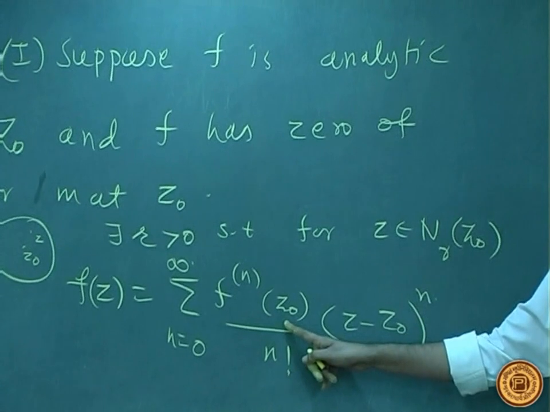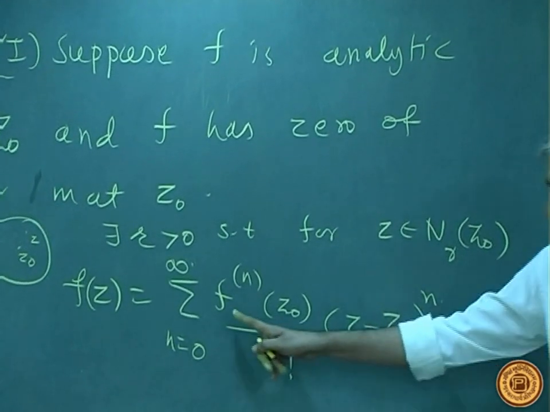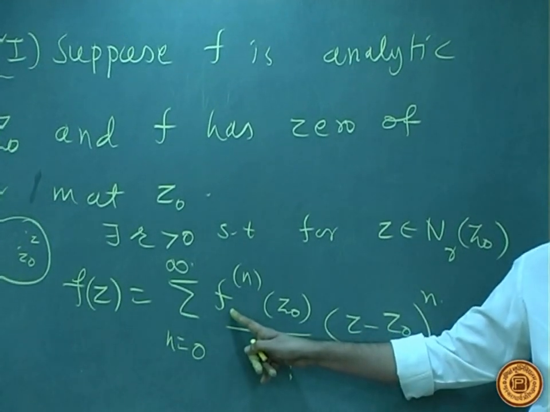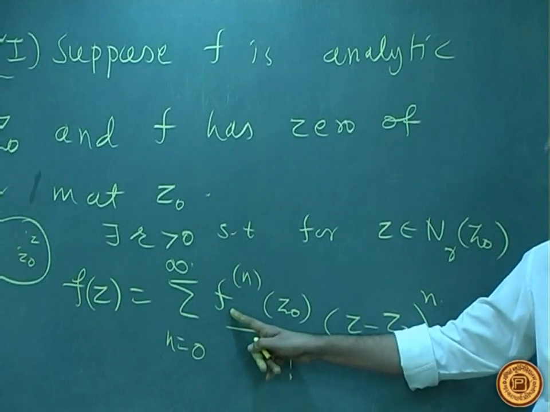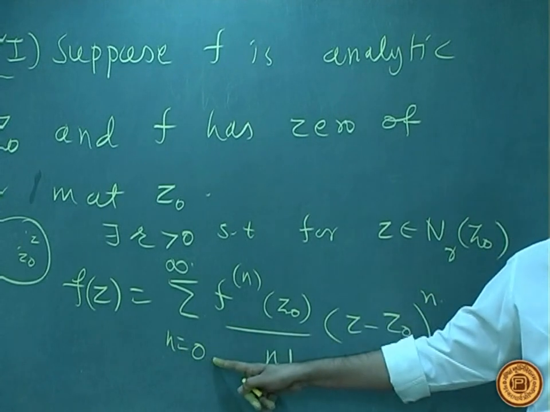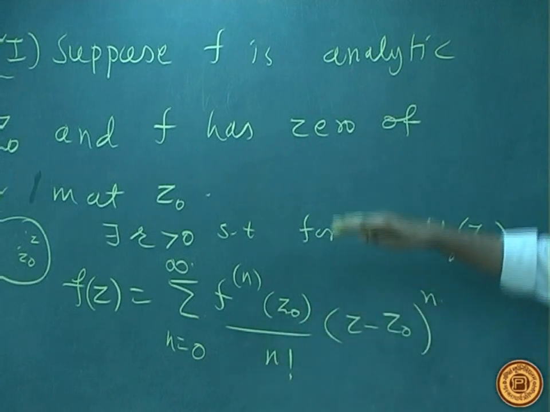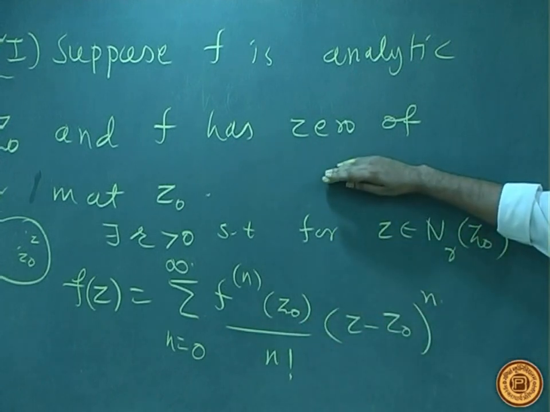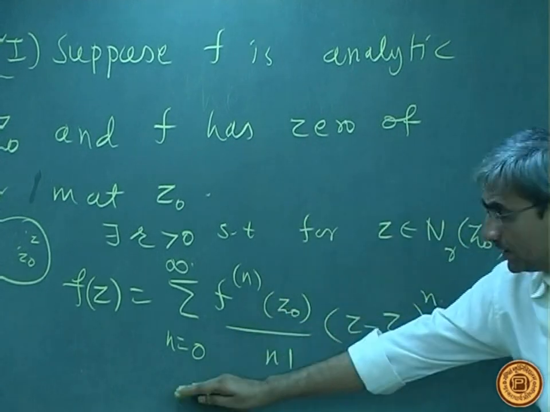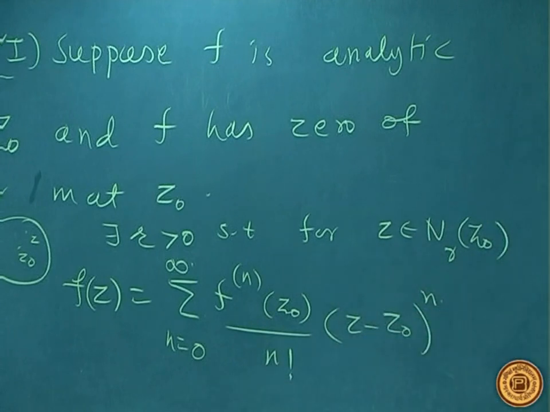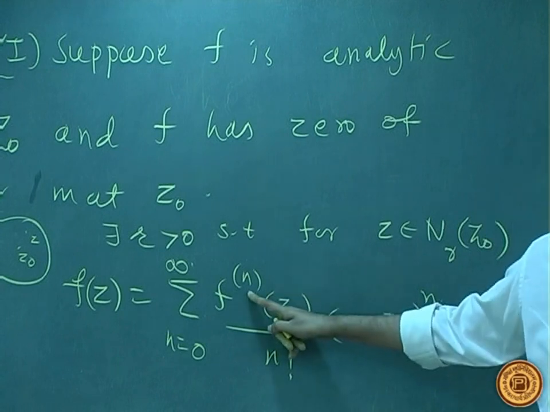That is f(z naught), which has to be 0. What is the second term? f dash, that also has to be 0. So up to n equal to m minus 1, all terms will be 0, because it is given that f has a zero of order m. So this series will really start with z minus z naught to the power m, and here also the mth derivative.